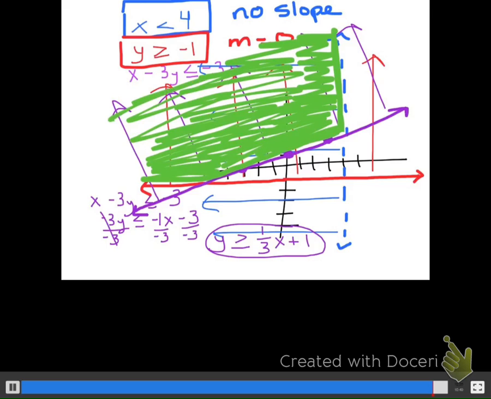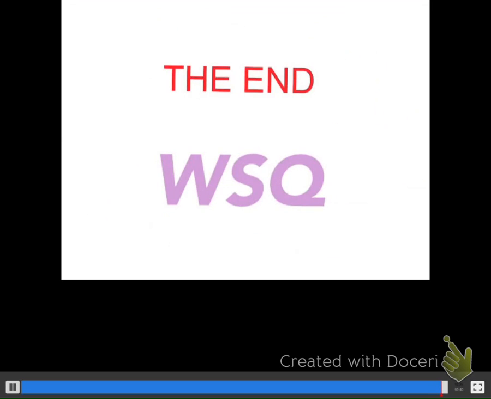So all this area right here, any point that is chosen in this shaded area would make all three of those inequalities true. This is the end of the video on solving systems of inequalities. And so let's not forget to complete your WSQ in your spiral notebooks.